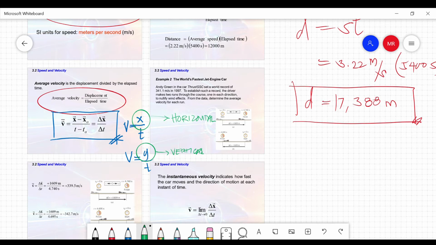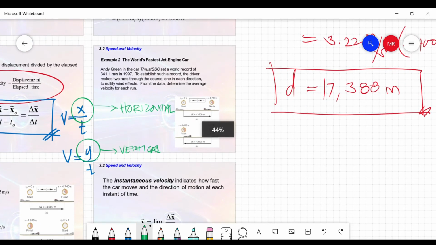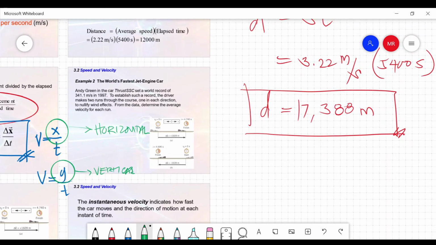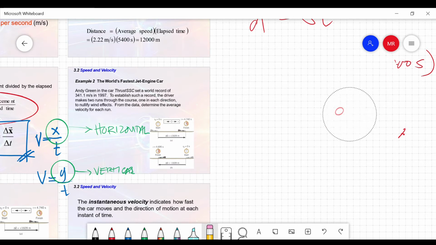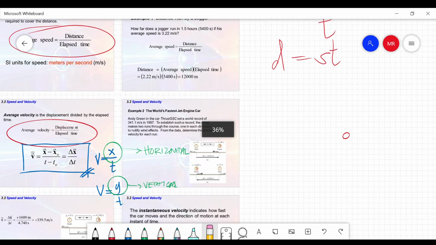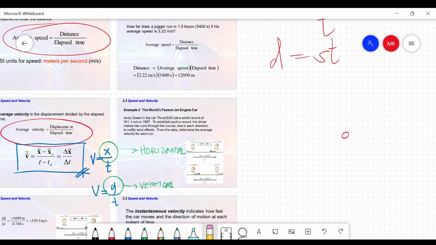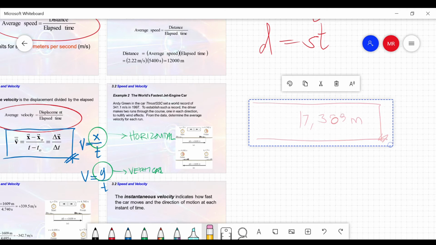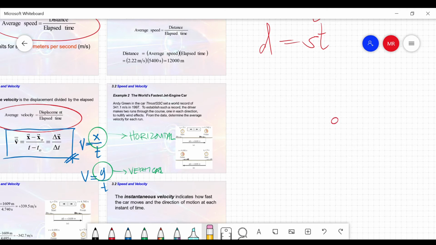So, like for example, in this example number 2, the world's fastest jet engine. Okay, so let us try to compute for this example number 2. The world's largest, fastest jet engine car.